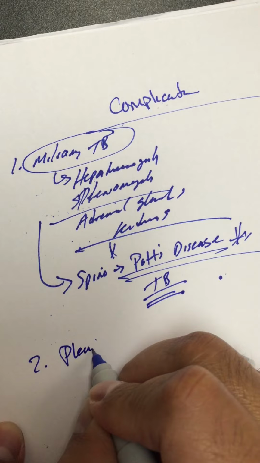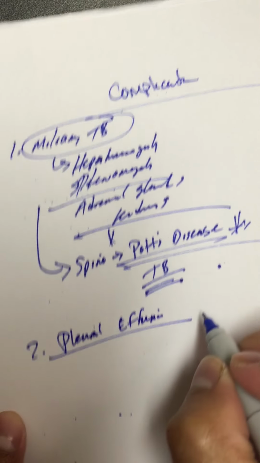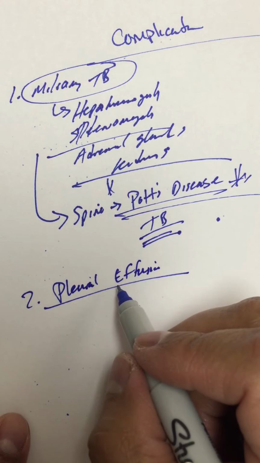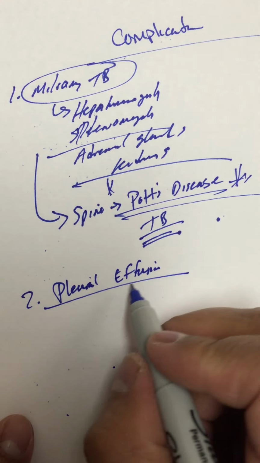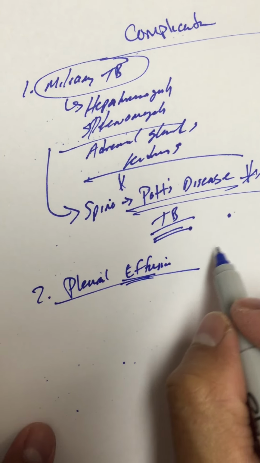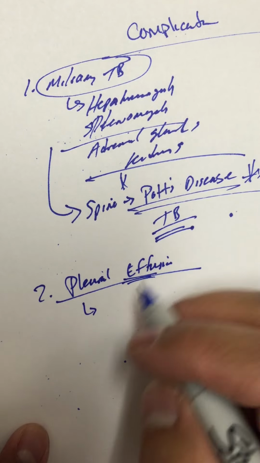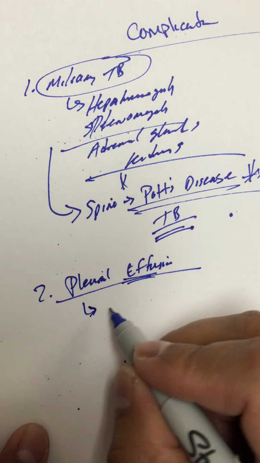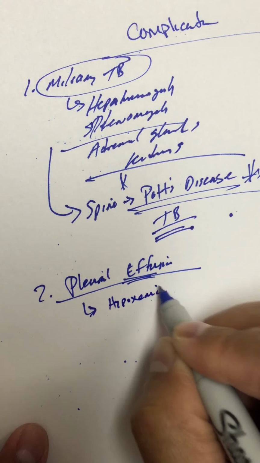Pleural effusion. Now, we talked about pleural effusion very briefly in our lecture with pneumonia. So again, you have a bunch of fluid accumulation in the lungs and your alveoli. This would make it very, very difficult for the patient to breathe. So this may cause hypoxemia in your patient.